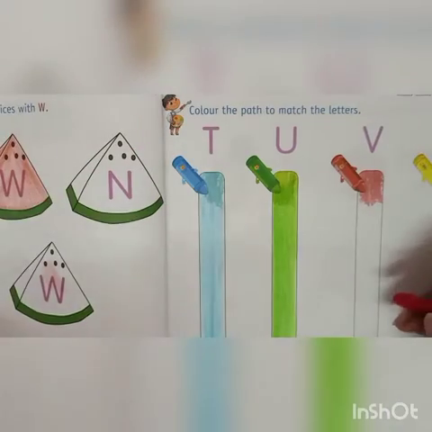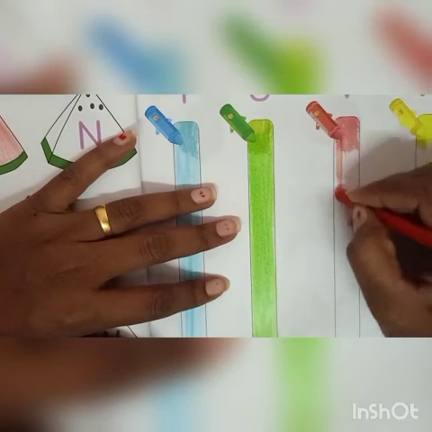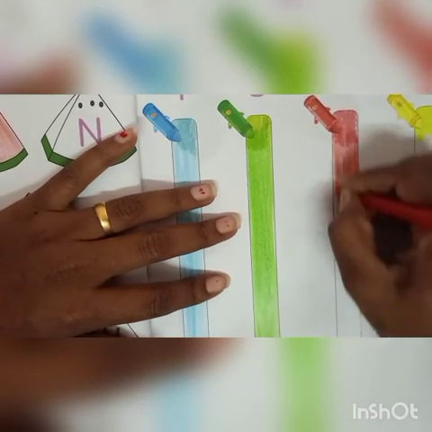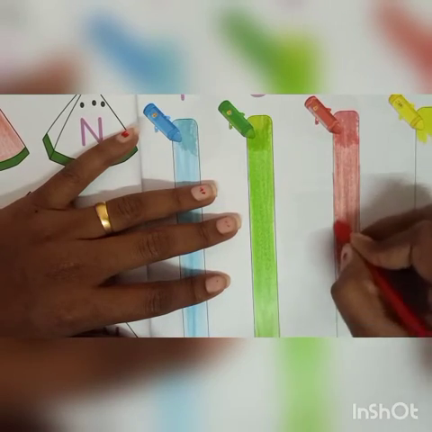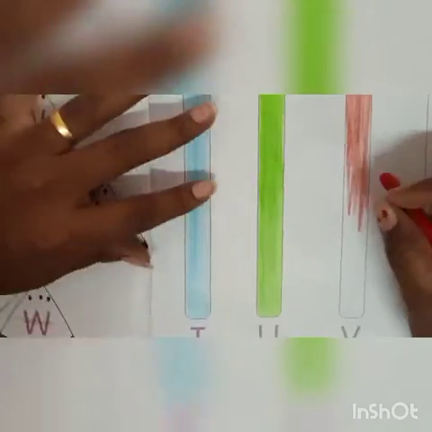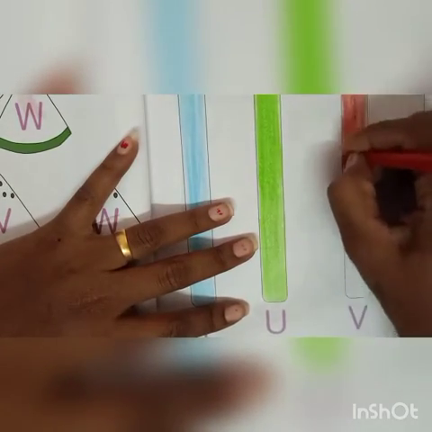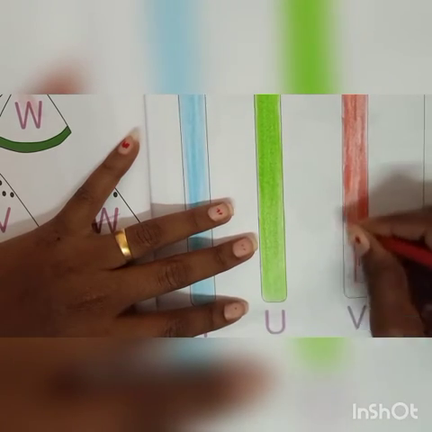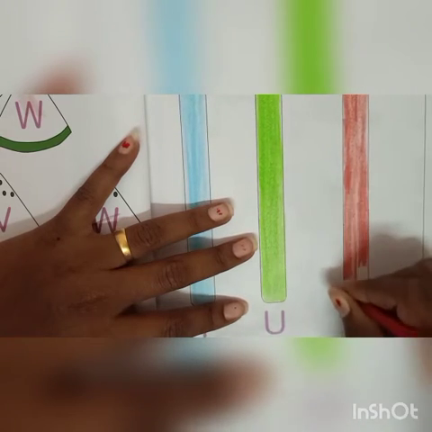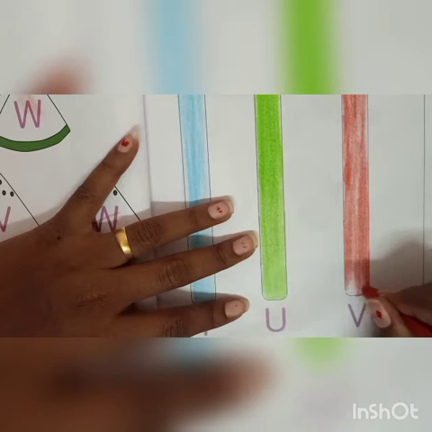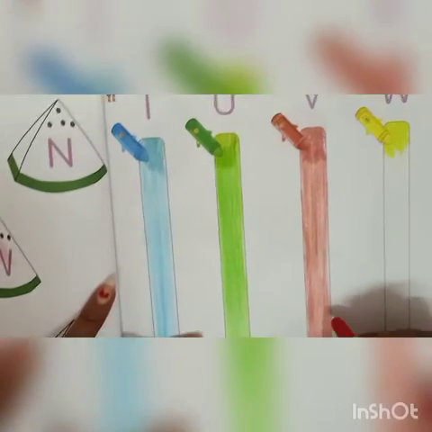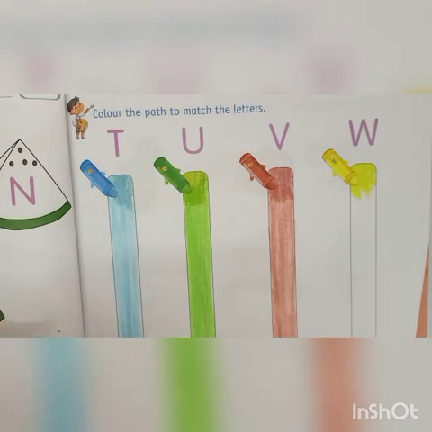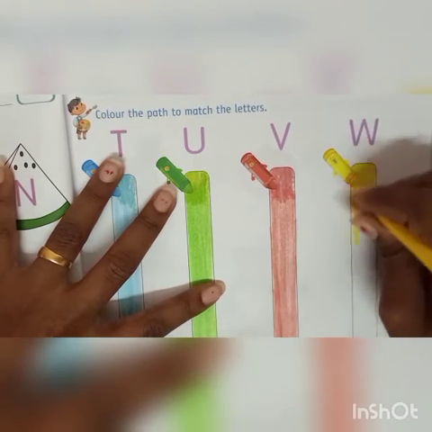Next we'll use red color to join the part letter V. Then there is a letter W. We'll use yellow color.